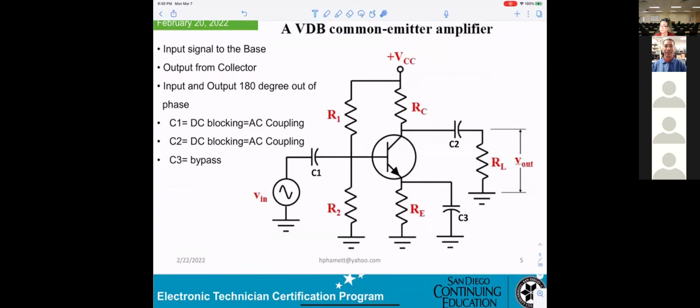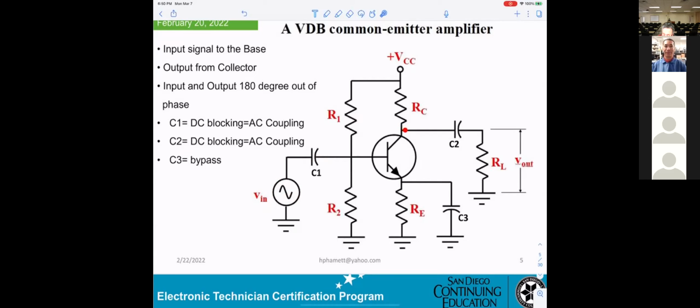How come? In order to recognize common emitter, common collector, or common base, you look into the circuitry to see how the input is applied and how the output comes out. So for common emitter, the input here is applied to the base. This is the base.